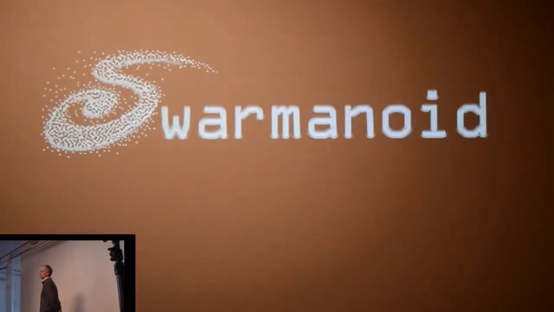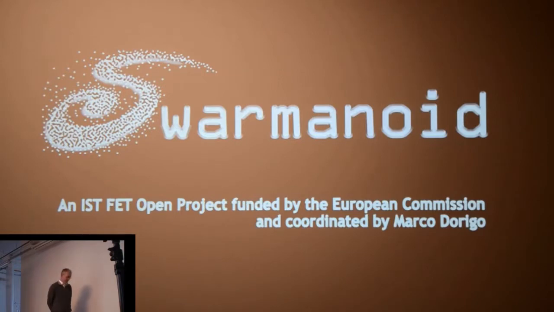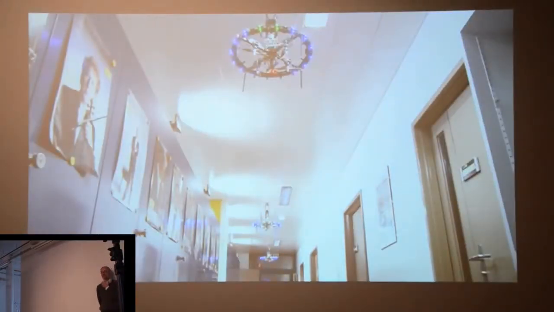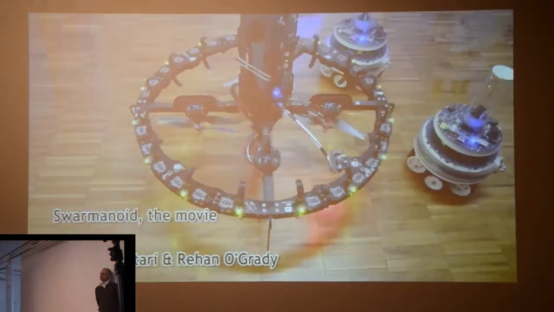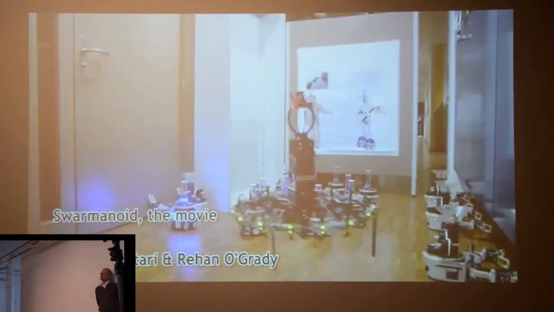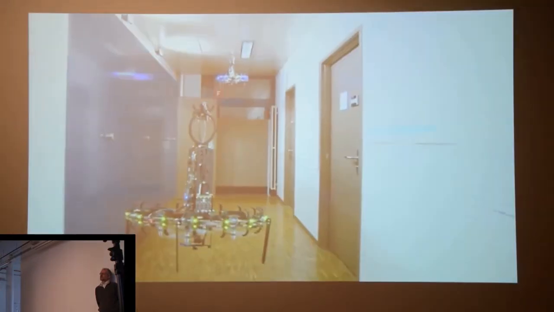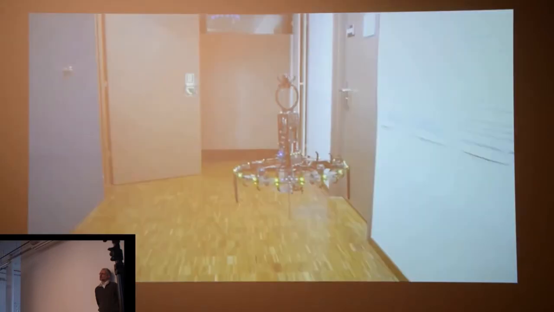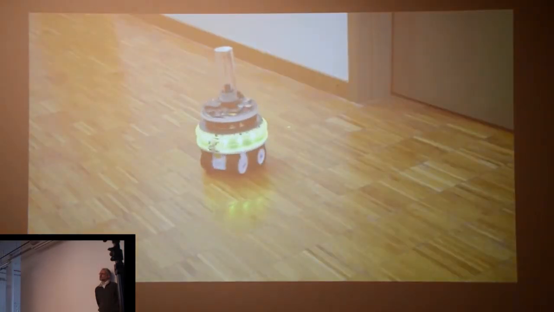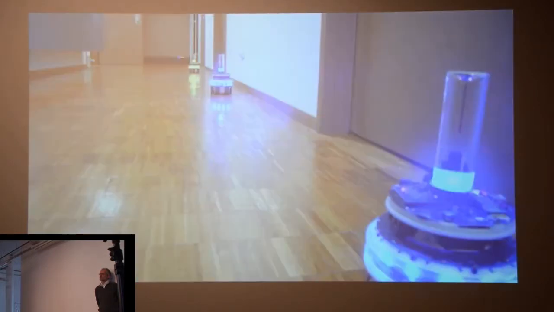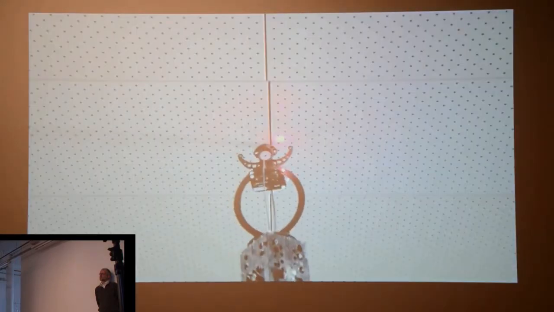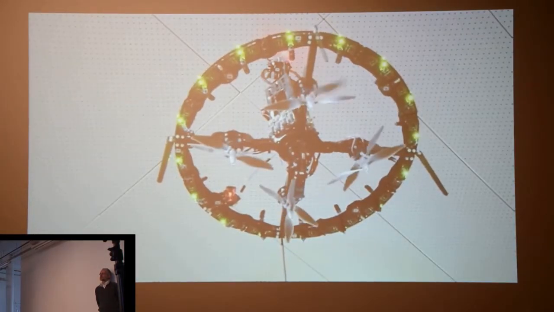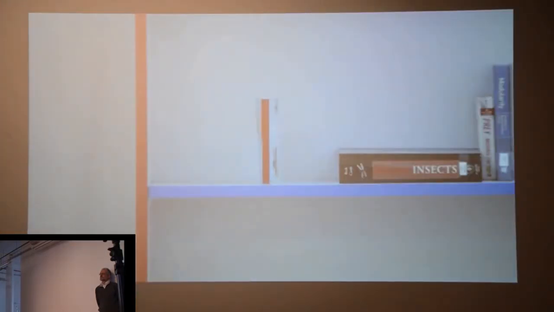In this film, the Swarmanoid is deployed to find and then retrieve a book. Here, the Swarmanoid has already partially explored its environment. As the iBots search, successive iBots attach to the ceiling, forming a connected network.